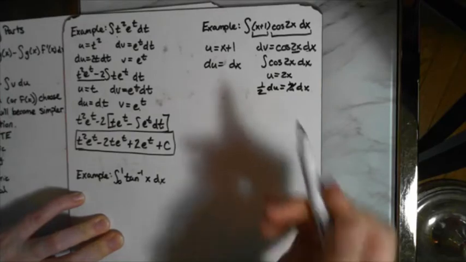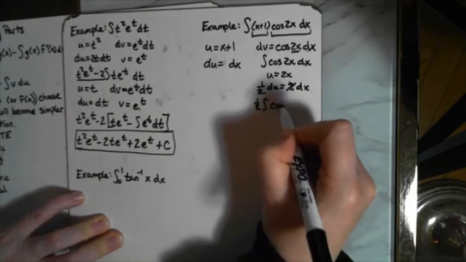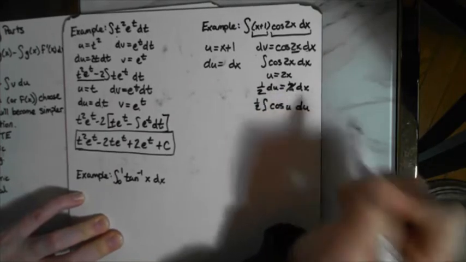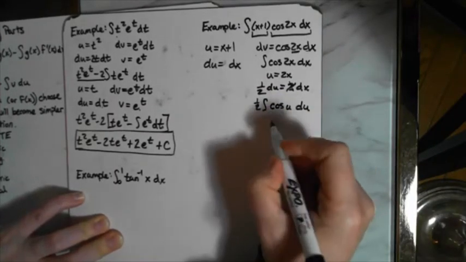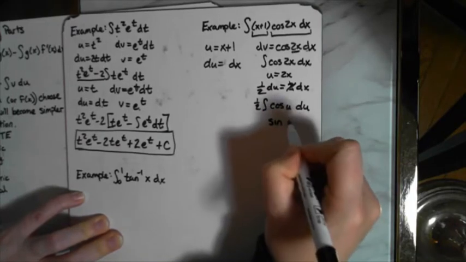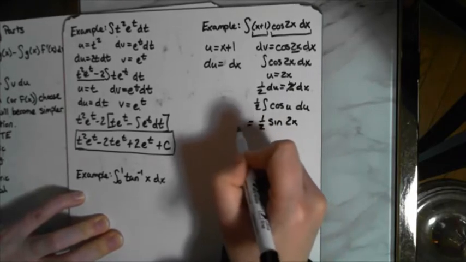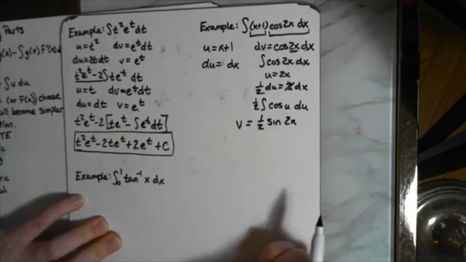And now I can do my integral. So this becomes 1/2 the integral of cosine of u du. The integral of cosine is sine, so sine, and the u value was 2x, and I can't forget the 1/2 at the beginning. So this is the actual integral there.